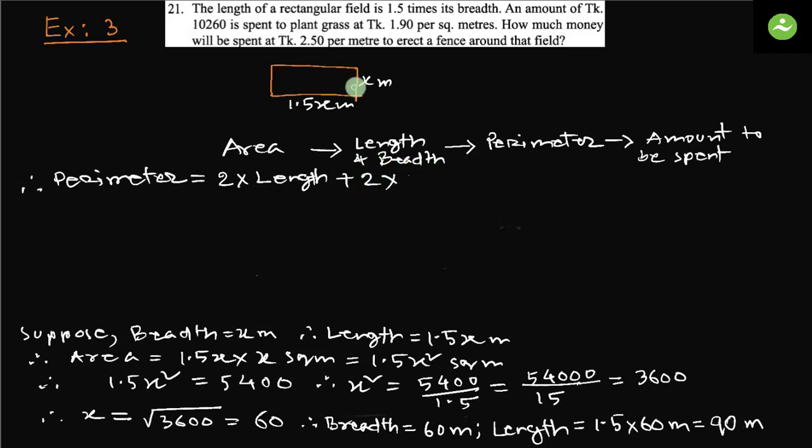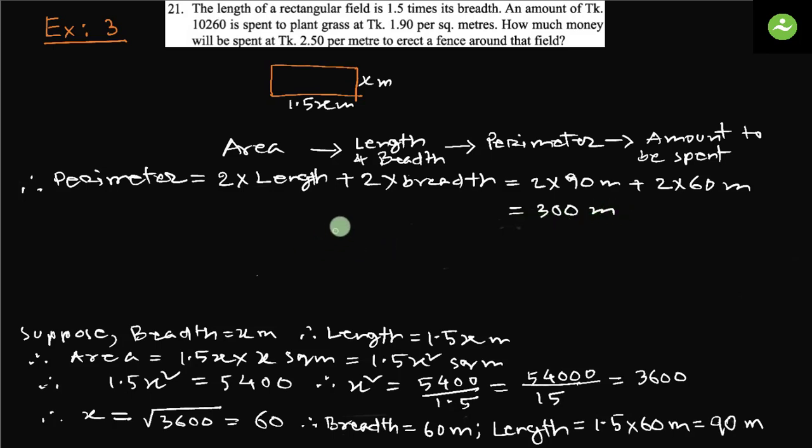There are two breadths and two lengths. So 2 into 90 meter plus 2 into 60 meter equals 300 meter.